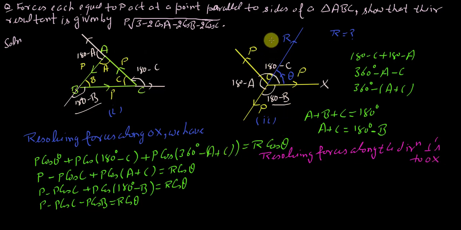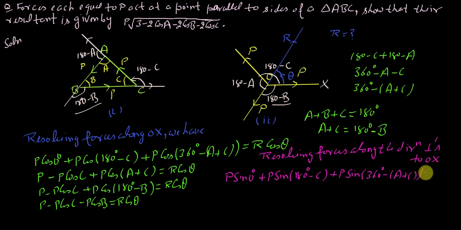So how will we resolve? Instead of cos we will write sine. So it will be P sine 0, plus P sine 180 minus C, plus P sine 360 minus A plus C, is equal to R sine theta.